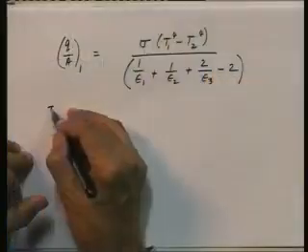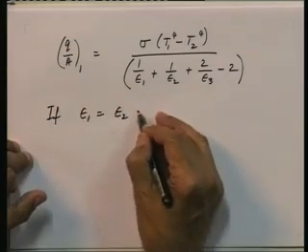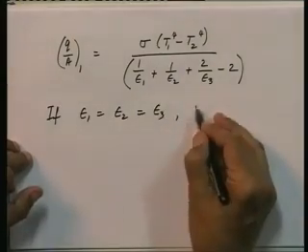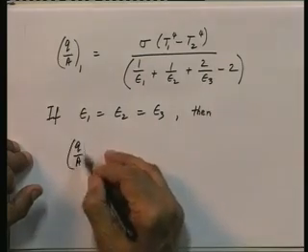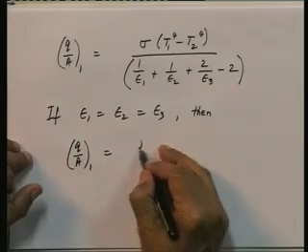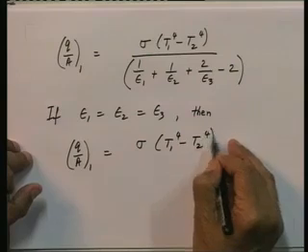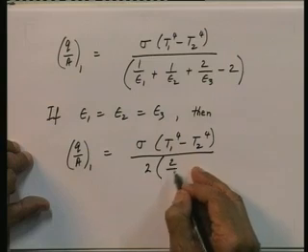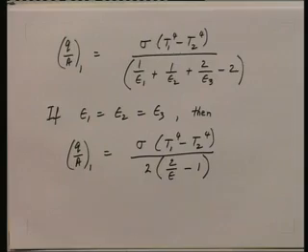Okay. Now, consider the special case if epsilon 1 equal to epsilon 2 equal to epsilon 3. In this case, then q by a 1 is equal to sigma T 1 to the power of 4 minus T 2 to the power of 4 divided by 2 times (2 by epsilon minus 1). Okay, that is what you will get.